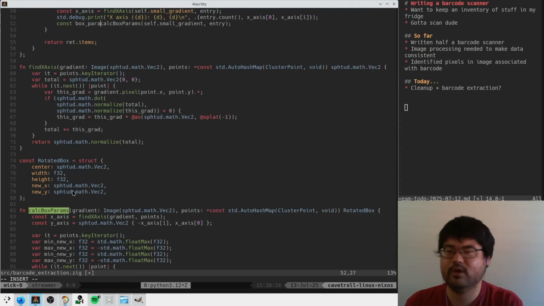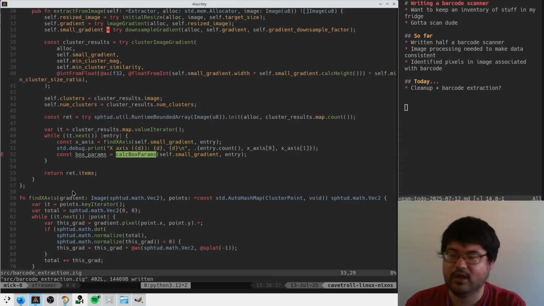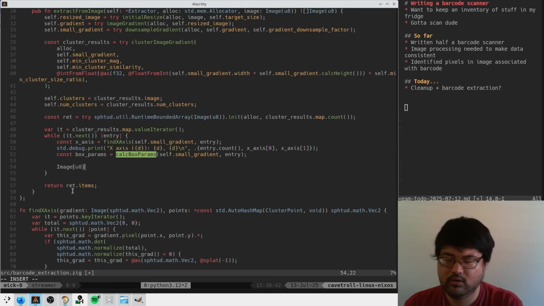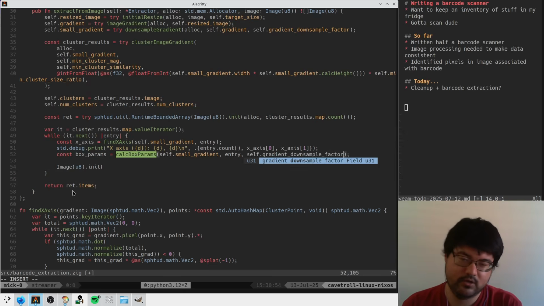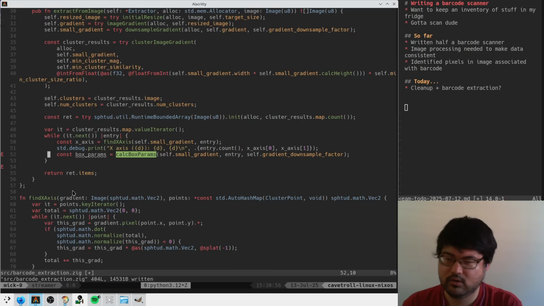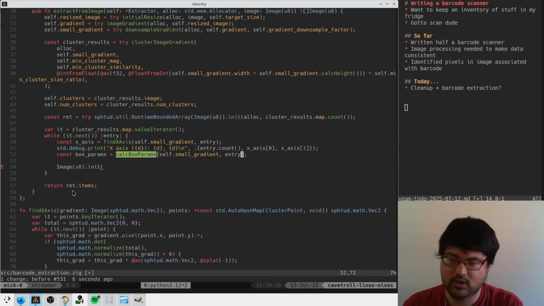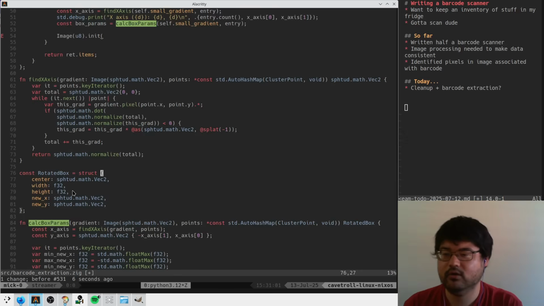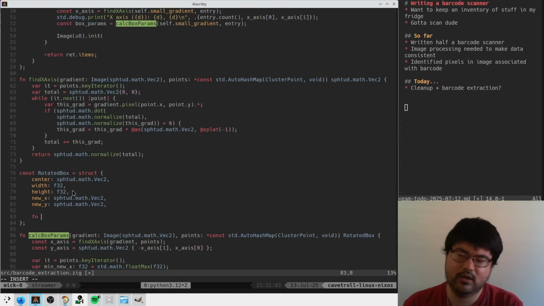So box params is this. And so I guess here we create a new image from this thing. We have to undo the downsampling, probably. Can we do this? Downsample factor. Maybe we say mul factor F32.